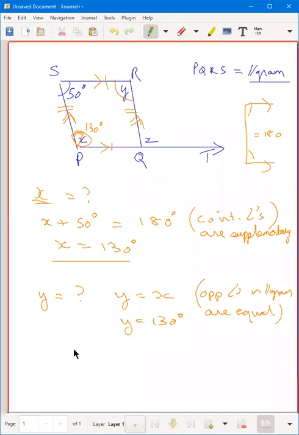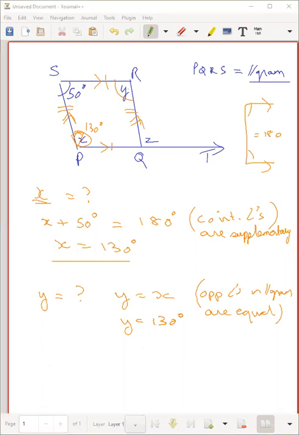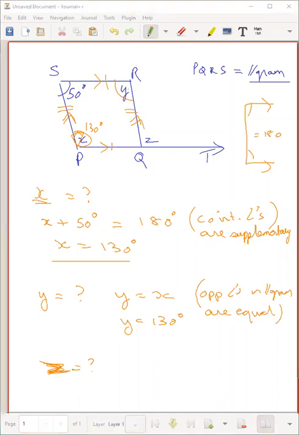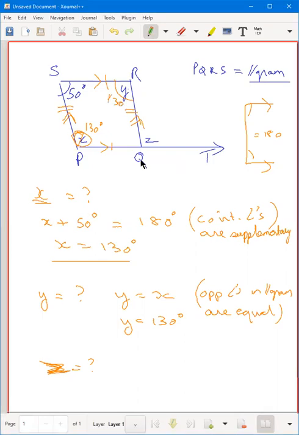Yes. Krishna? Z? Krishna, unmute yourself. Yes, sir. How do we find Z? So we have 130, we have 130 here. Tell me quickly now, how do I find Z?